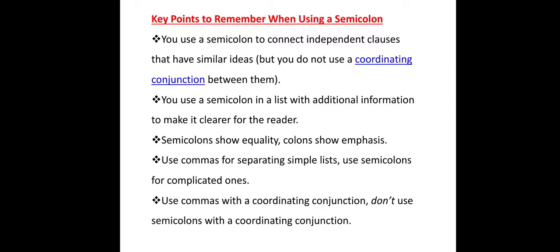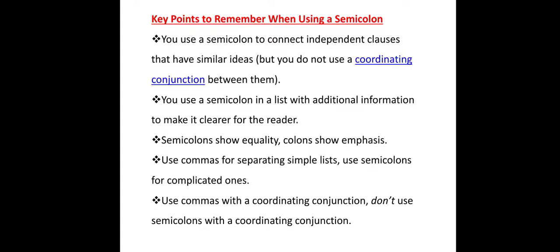At that time, we use a semicolon. You use a semicolon in a list with additional information to make it clear for the reader. Semicolons show equality, colons show emphasis. Okay? For complicated ones. This is the difference between a semicolon and a colon.